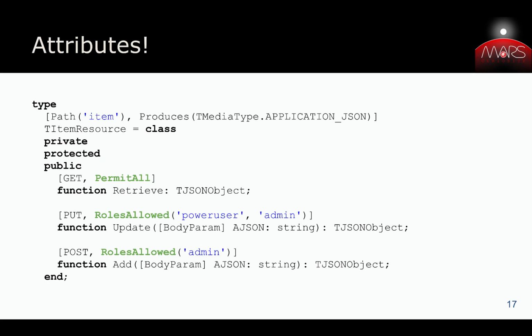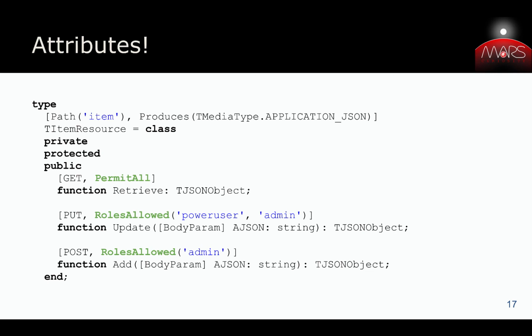This request will match some resources, and given the resources are decorated with some attributes you can see on the slide, like permit all or roles allowed, you will have a way to check if this request is legal or not. Mars Curiosity will enforce this policy for you, and you don't have to code anything about that. You simply have to decorate your resources and sub-resources.